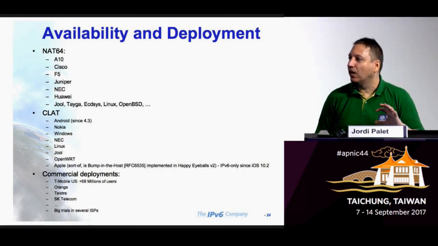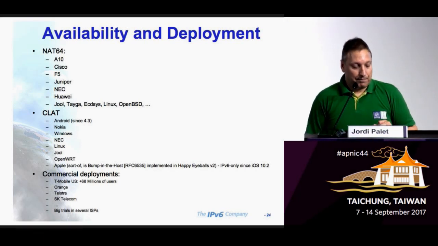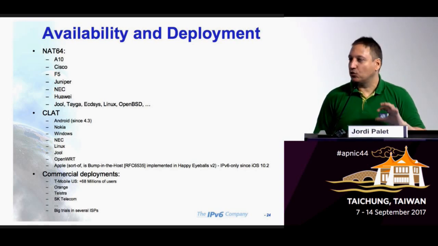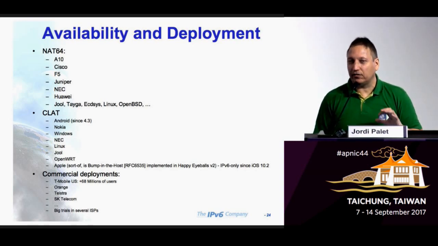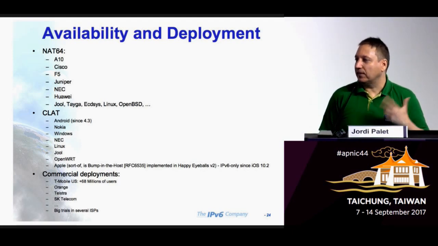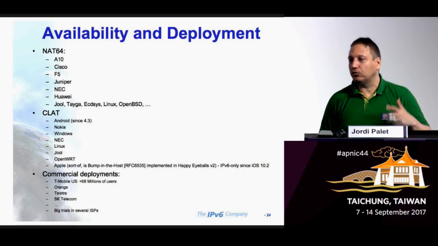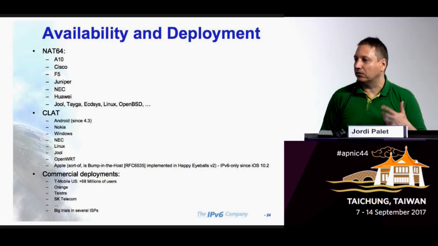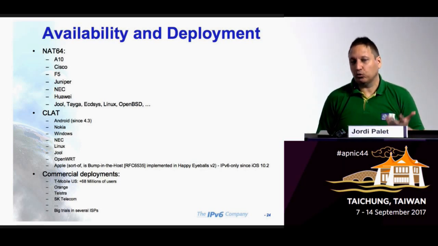So that means that the CPEs need to support the CLAT. There are very few CPEs supporting CLAT right now. We had a panel with vendors 2 days ago, and they confirmed that they have implementations, but they are not right now having it in the devices that they sell, but they could do it any time.